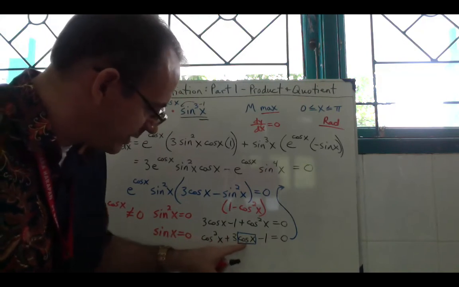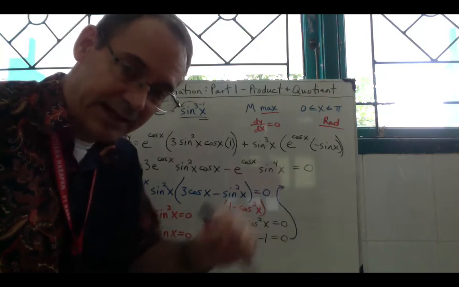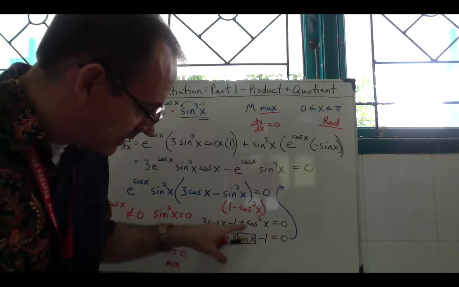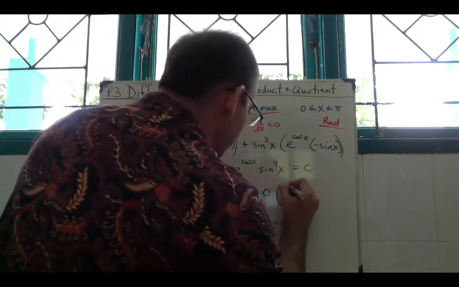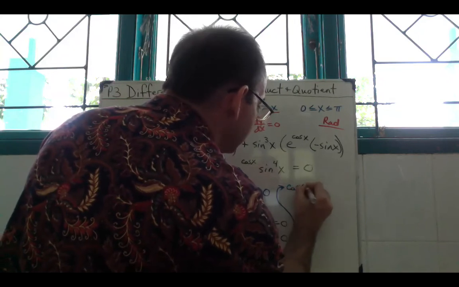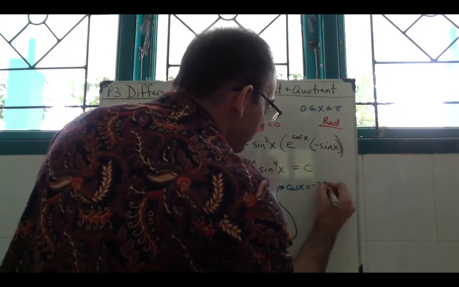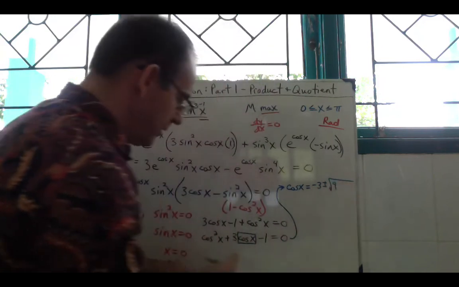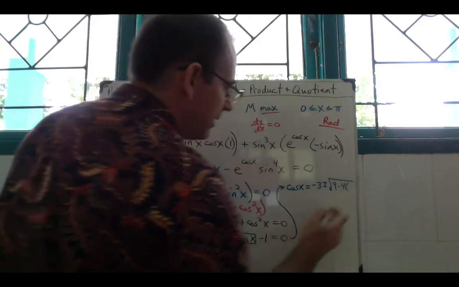So in your quadratic formula, when you get x equals negative b, that whole formula, this is the key right here that you're actually solving for. So our cosine x equals negative b, negative 3 plus or minus the root of b squared, so it would be 9 minus 4 times a times c.